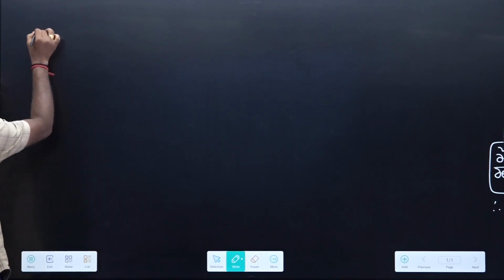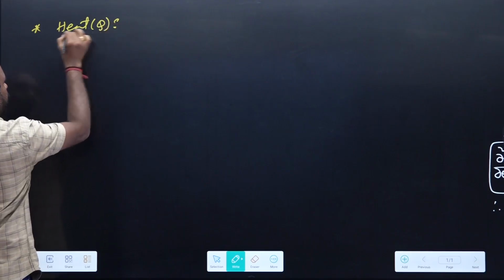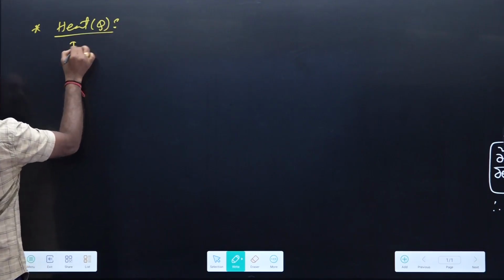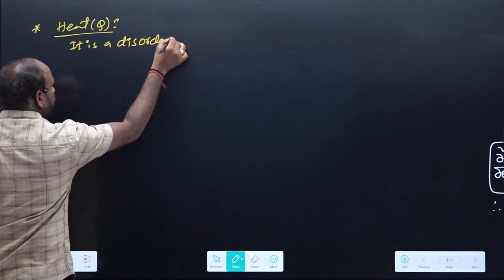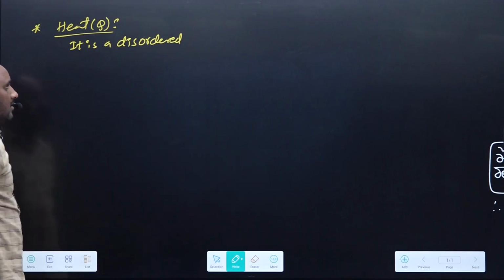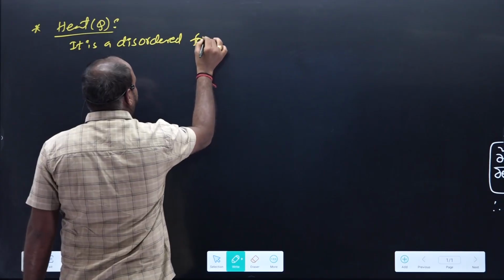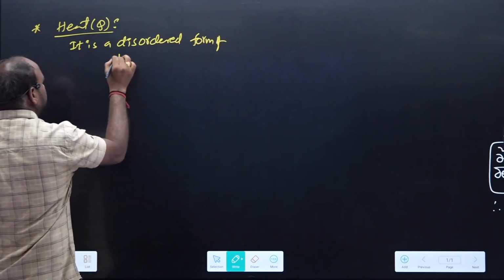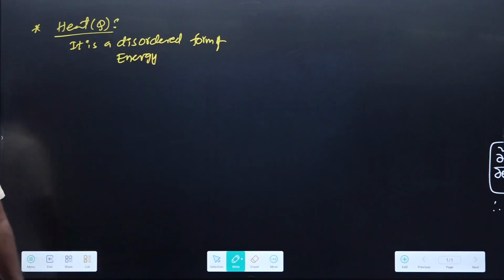Heat means Q. Write down: it is a disordered form of energy. Disordered means that when a temperature difference is there, heat will be transferred randomly between the system and surroundings, right?